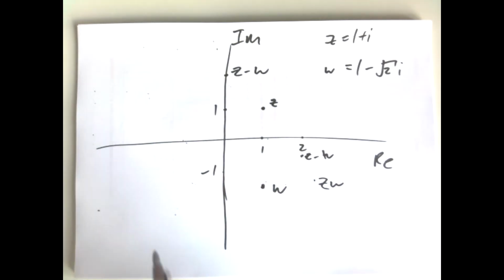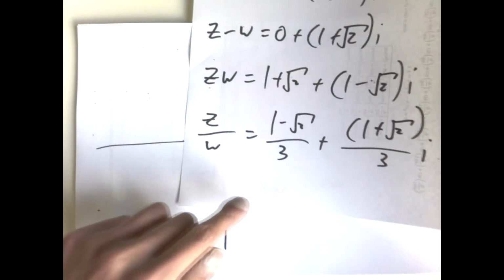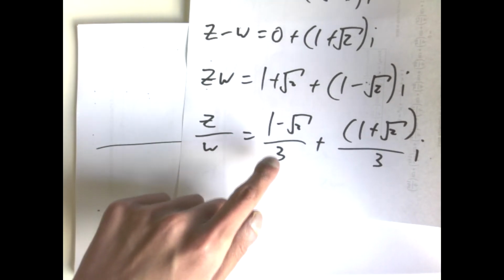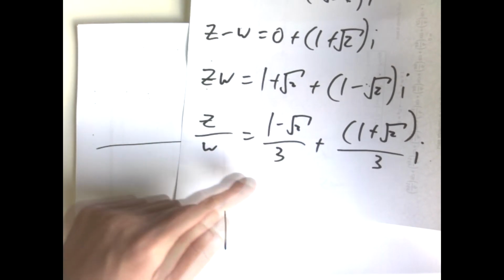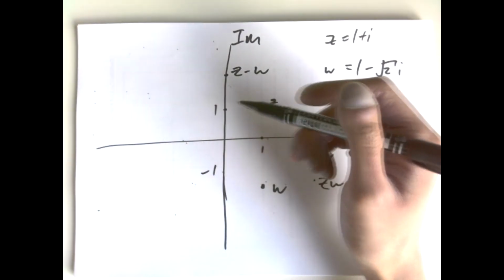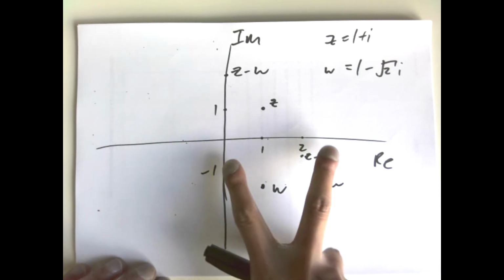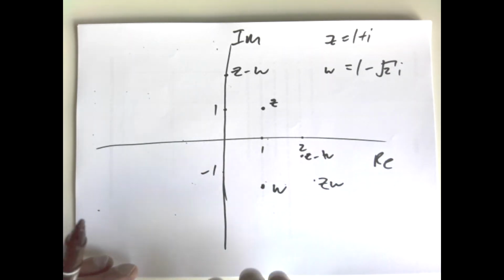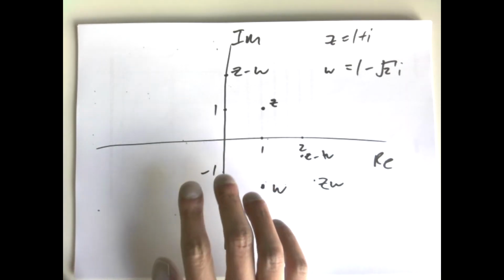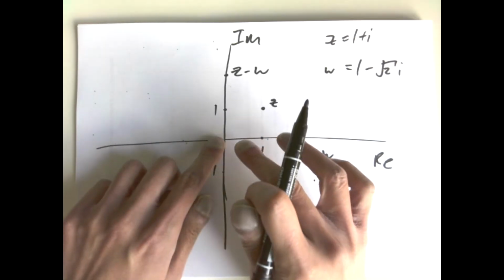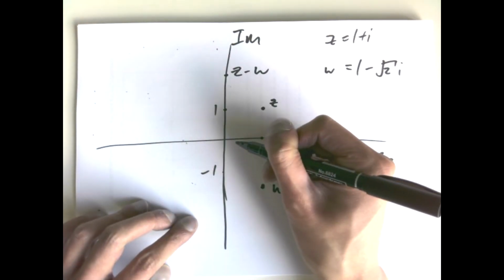And finally, our z divided by w is going to be 1 minus root 2 on 3, 1 plus root 2 on 3. So 1 minus root 2 on the real axis is going to be here divided by 3, so somewhere here.